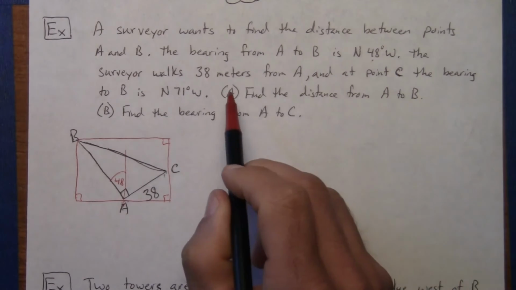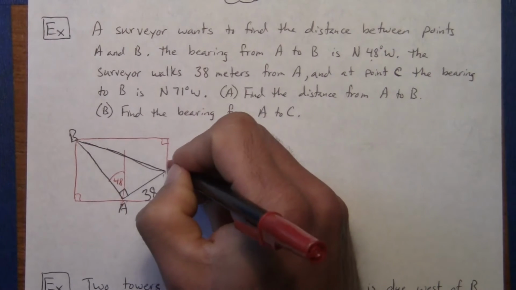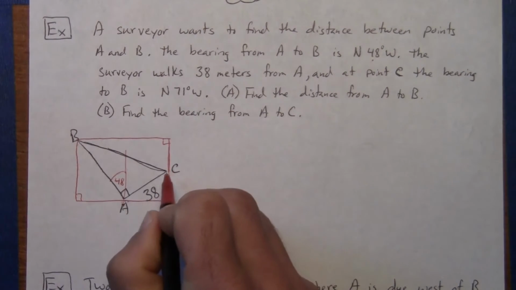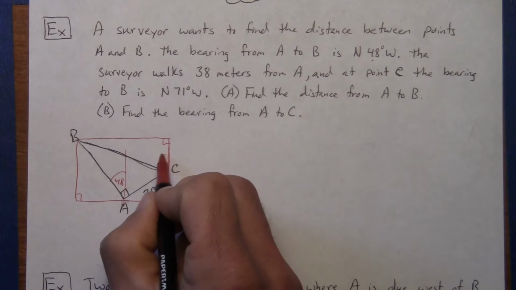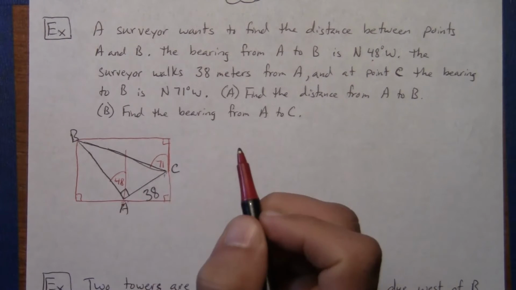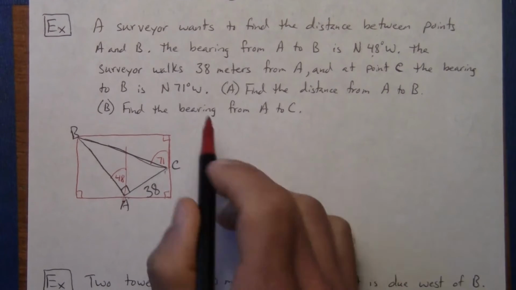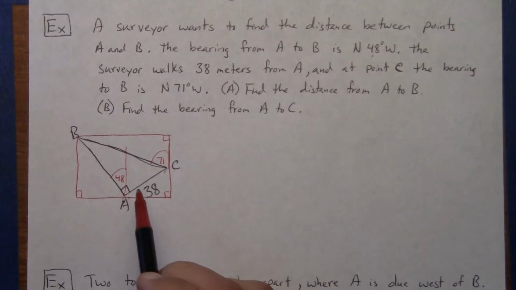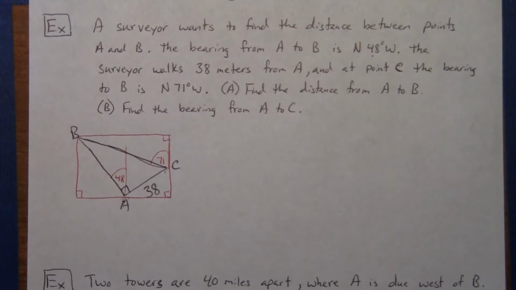And then the second part of this information says that from C, drawing a vertical line, which would be this one right here, it's going to be north 71 degrees to the west. So double check first of all to make sure that when you read that you can set that up. In the book they give you the picture. I don't think they give you those angles, but double check to make sure that you'd be able to set up those two angles.